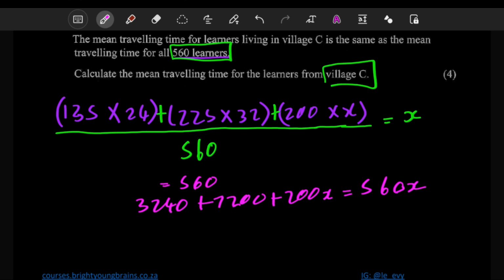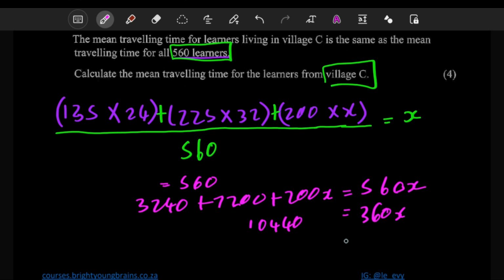Solving for x is really no big deal. We can take the 200x to the other side, and we get 360x because it's quick math. On the left we have 10,440.